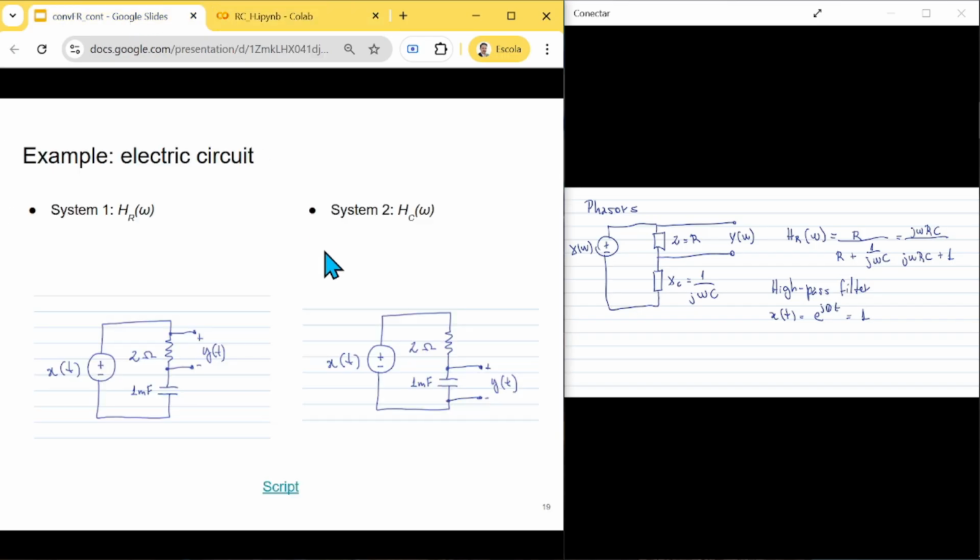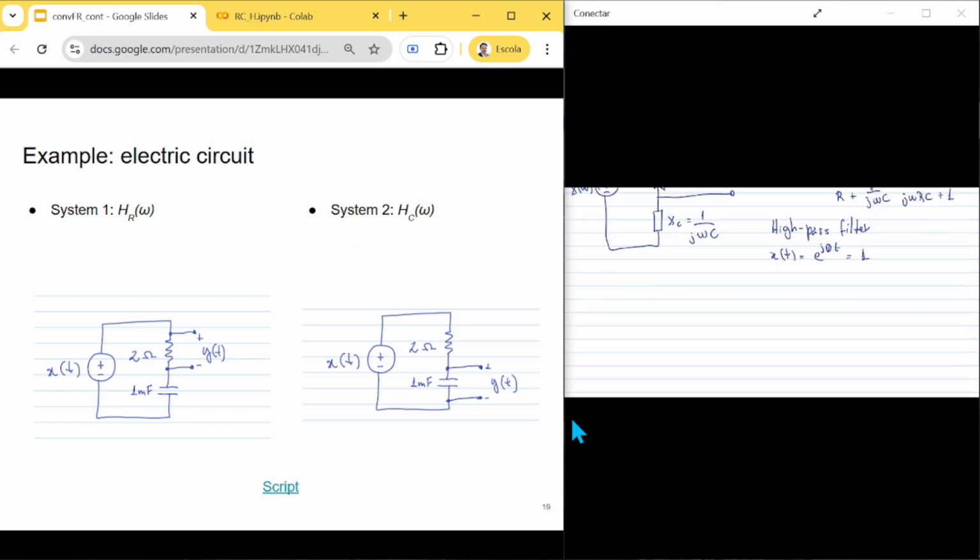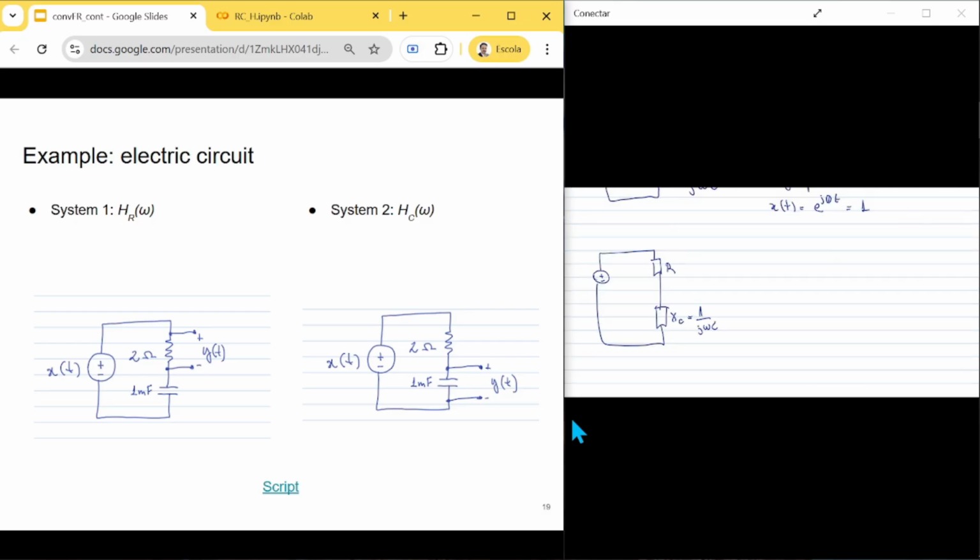Then the second case here, the system where the output is the voltage over the capacitor instead of the resistor. We do just the same process. We draw the equivalent circuit, R, XC. The only difference being that now the output is the voltage over the capacitor.